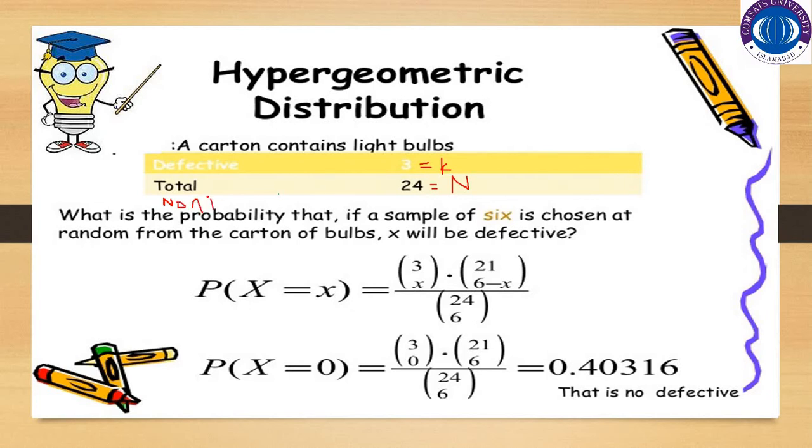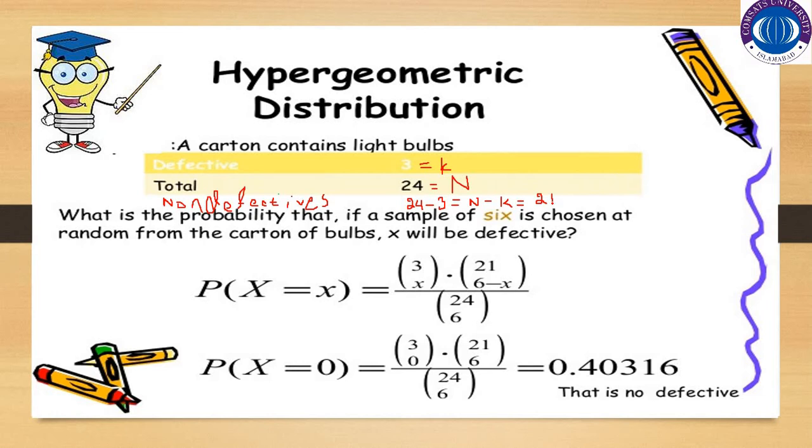As the total number of bulbs is 24 and the total number of defectives is 3, the total number of non-defectives will be 24 minus 3, which is capital N minus K, which is equal to 21.